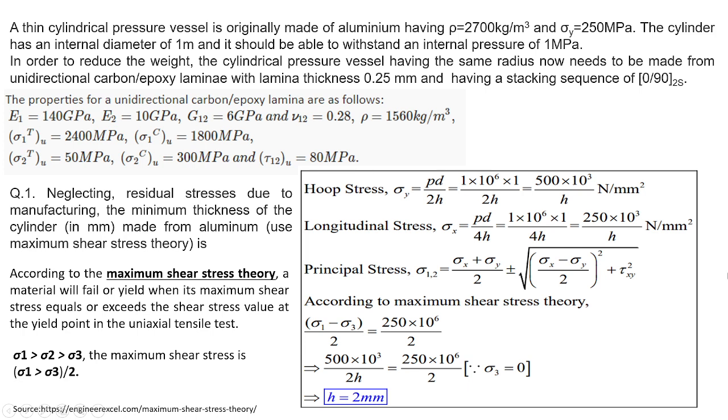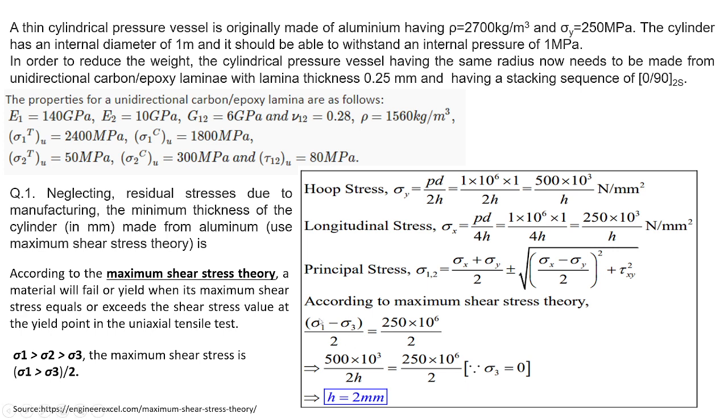So here the principal stress in direction 1 is the highest, which will be the hoop stress, whereas in direction 3 it will be 0. So this is the maximum and the minimum value of stresses, so we will consider those.